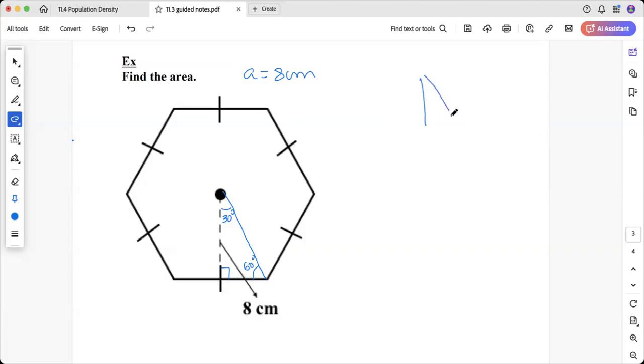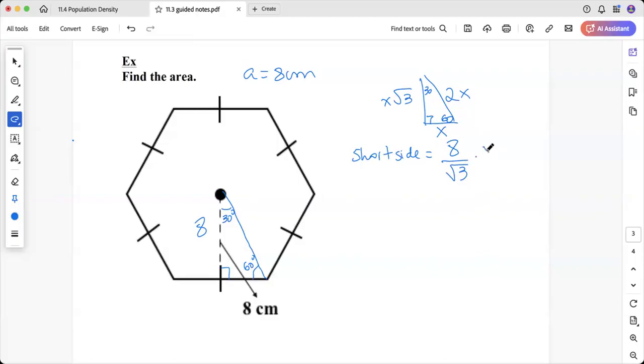So remember our shortcuts. This is 60, this is 30. This is x for the short leg, 2x for the hypotenuse, and x square root of 3 for the long leg. So the long leg here is 8, which means the short side is equal to 8 divided by square root of 3.